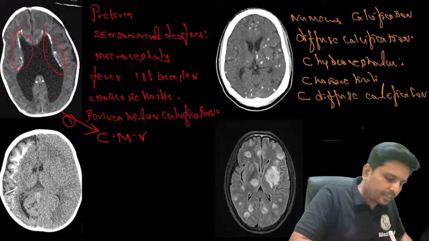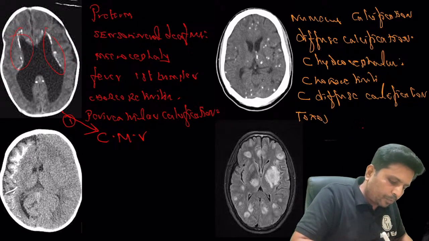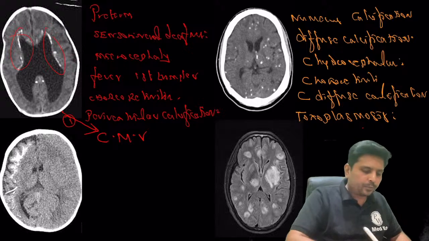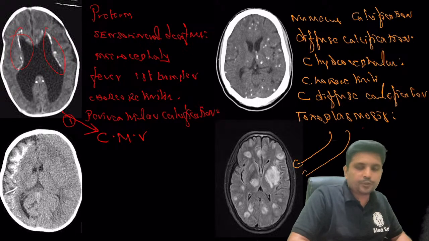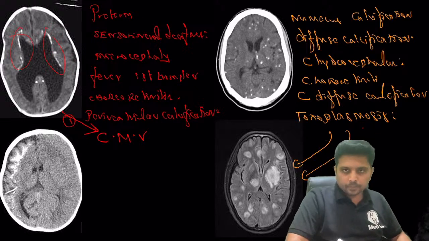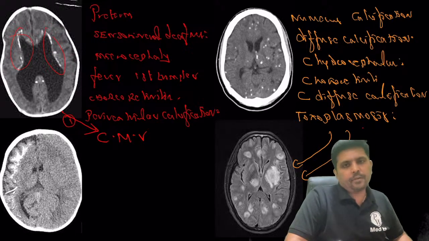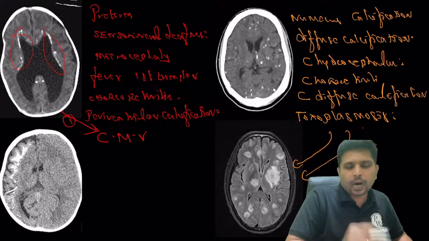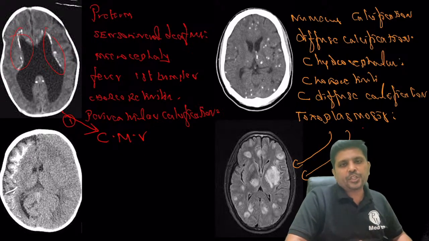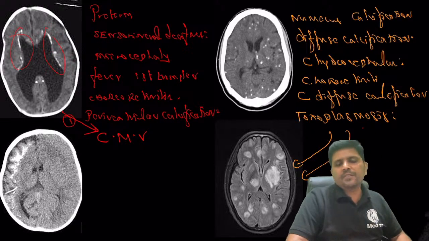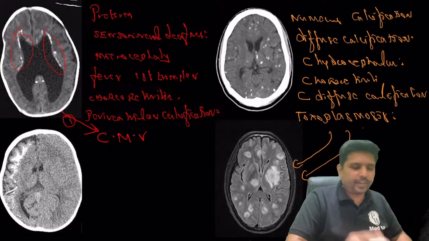This triad occurs in congenital toxoplasmosis, and this is also an image for congenital toxoplasmosis. So with respect to CT, with respect to congenital infection, two things can be asked. One is diffuse calcification for toxoplasmosis. The next one is periventricular calcification for cytomegalovirus.